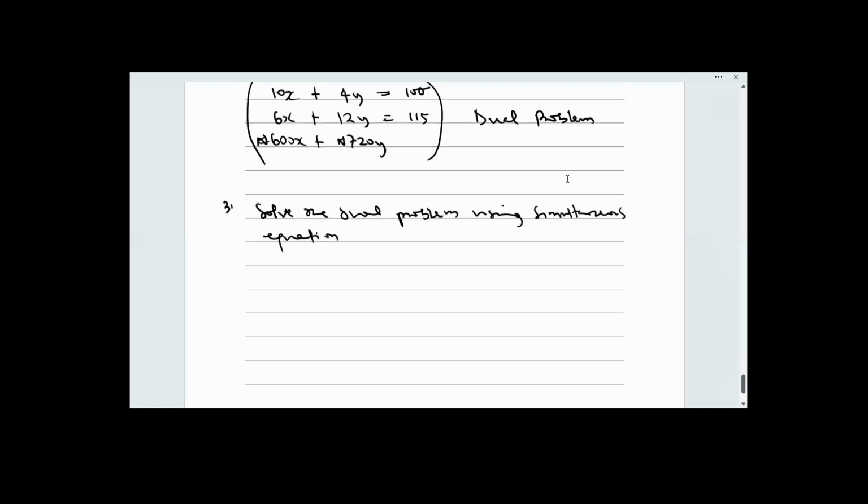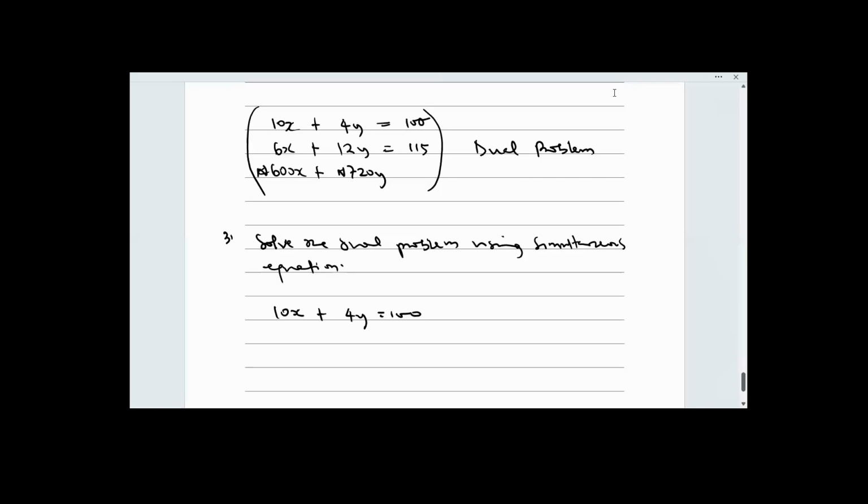Okay, so if that is the case, I would then say 10x plus 4y equal to 100. You can see before, our contribution has now turned to capacity.